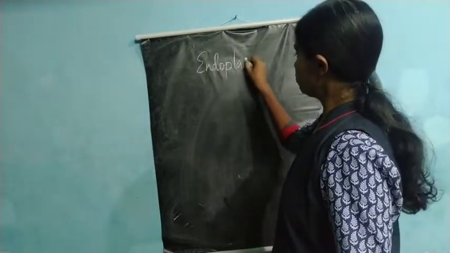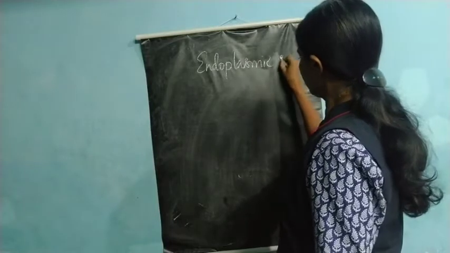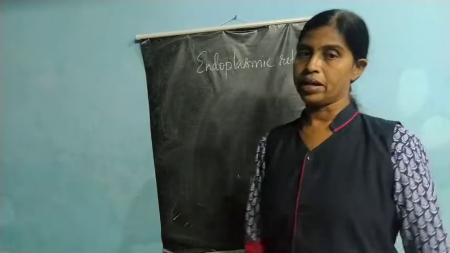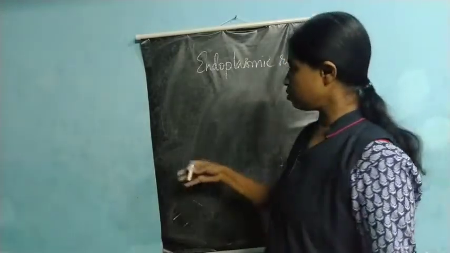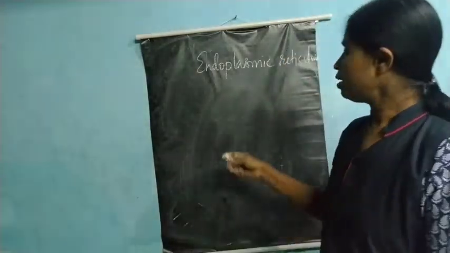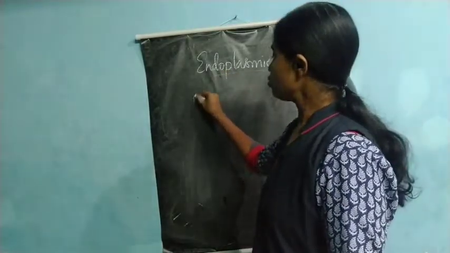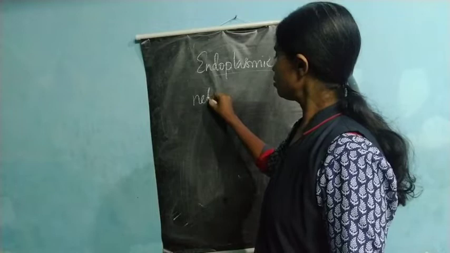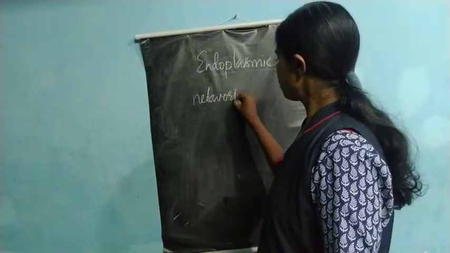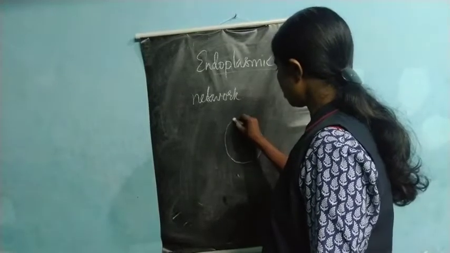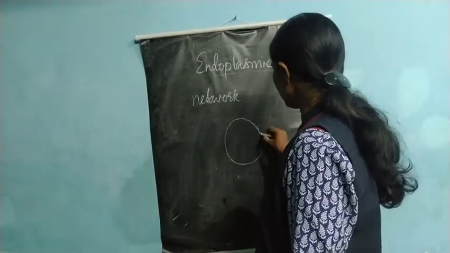Endoplasmic reticulum. I'm sorry, I've rubbed the diagram. This endoplasmic reticulum is just like a network. You can find the endoplasmic reticulum surrounding the nucleus.